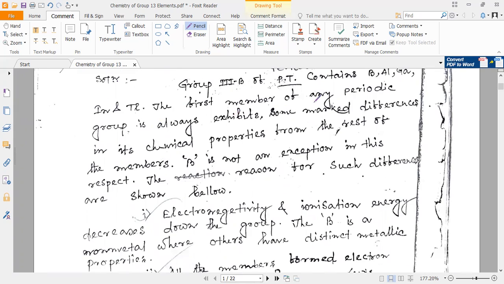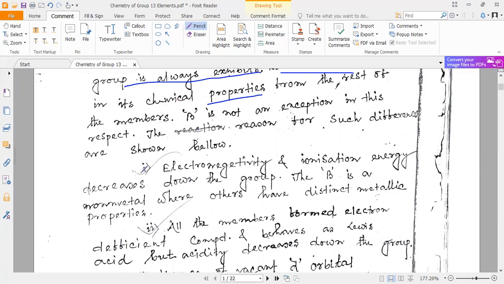The first member of any periodic group always exhibits some remarkable differences in its chemical properties from the rest of the elements. In group 13, boron is not an exception in this respect. The reasons for such differences are shown below.